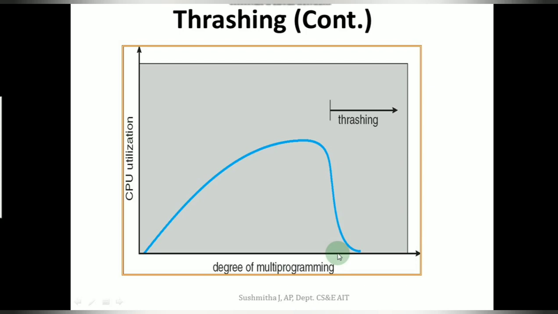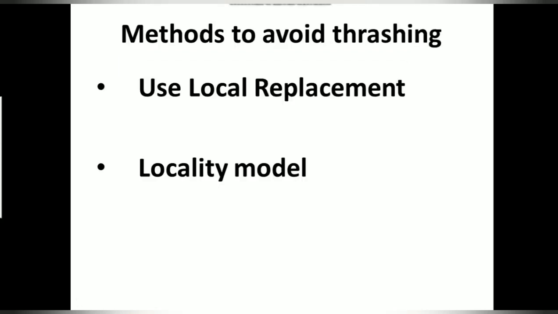Now, what are the ways that we could avoid thrashing? Here there are two methods that could help us avoid thrashing. One is the use of local replacement. As I told you, global replacement is one of the causes, so we could avoid using global replacement and use local replacement.